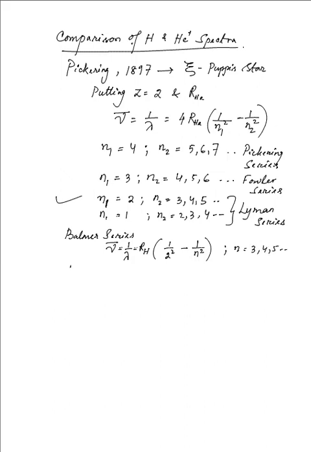Then for Pickering, if we are comparing this, we have nu bar equal to the Rydberg constant for helium, and we have 1 by 4 square minus 1 by n square, where n is here 5, 6, and 7, and so on, which I just rewrote down there.